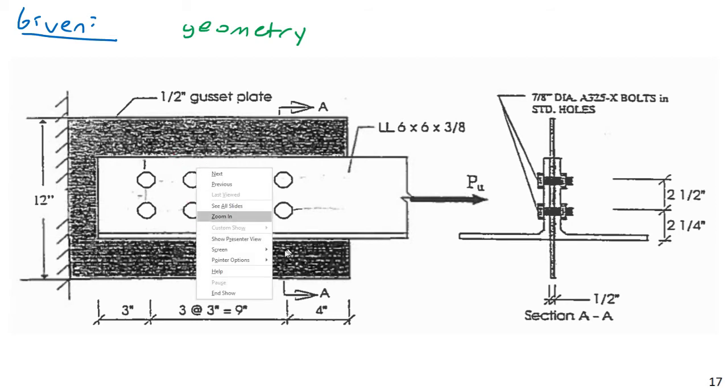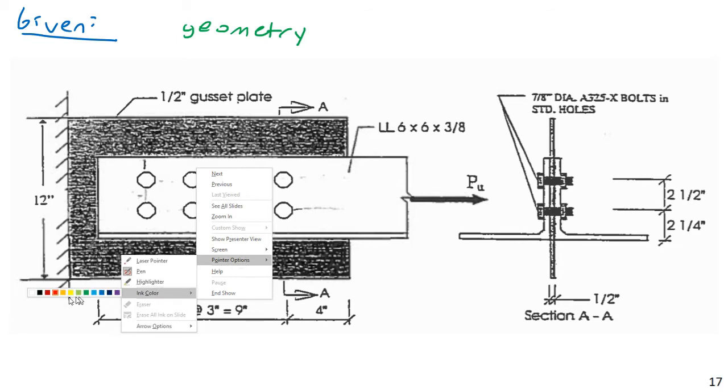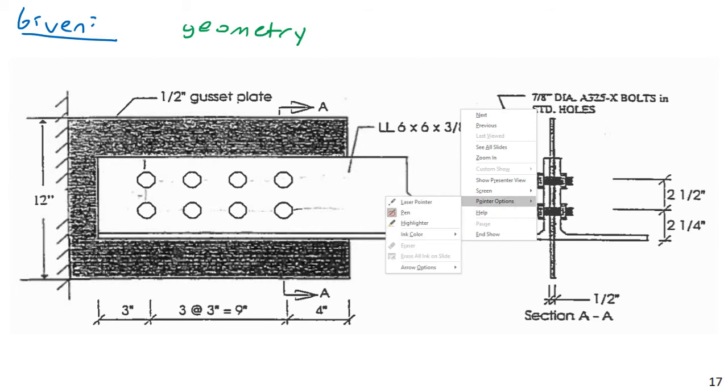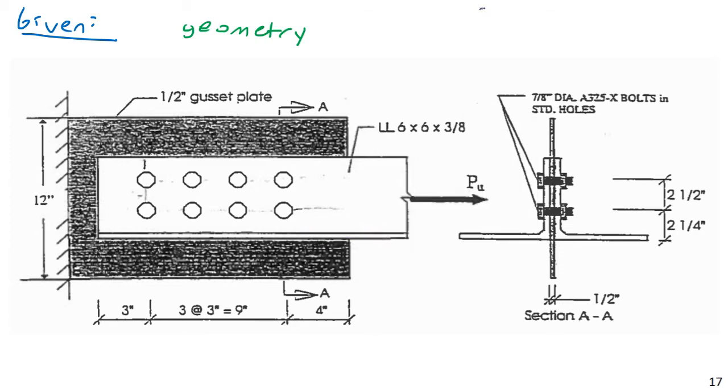Okay, but we'll need a few bits of geometry here. First of all, we want to get our section properties, and these are found in Chapter 1 of the AISC Steel Manual. For angle irons, I find these in Table 1-7, for L shapes or angle irons.